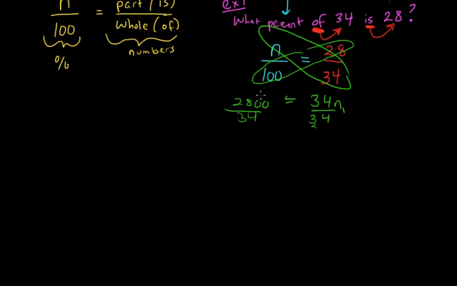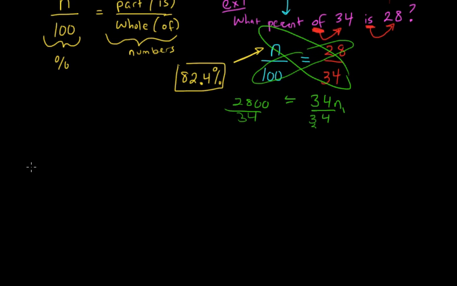My pen is acting a little bit crazy today. Our final answer would be n is equal to 82.4%. So n right here is 82.4%. So 82.4% of 34 is 28.